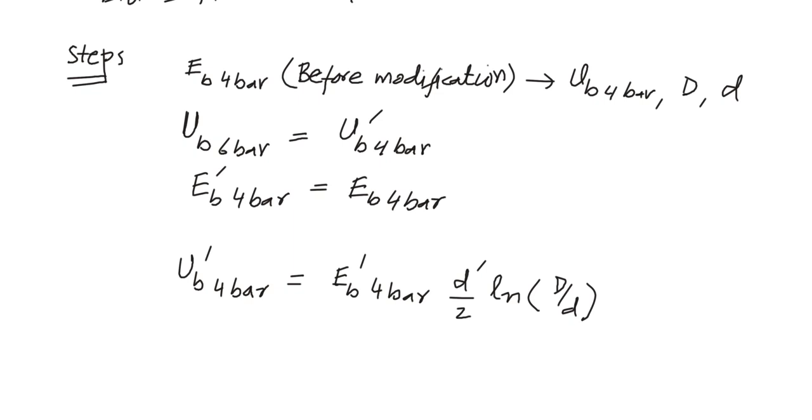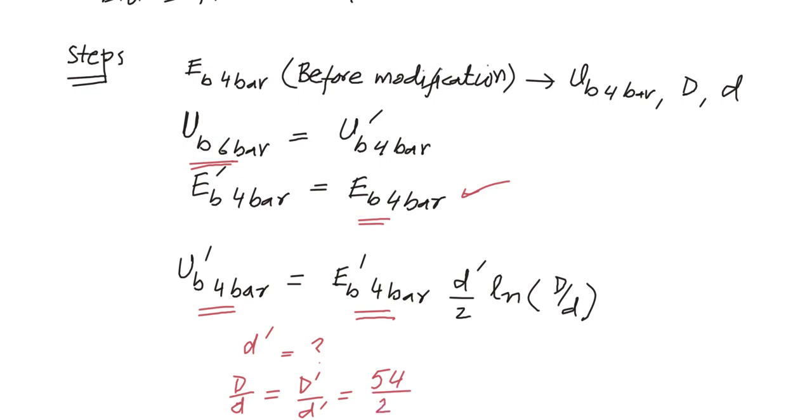This one equals the value we calculated before the modification, and this one equals the value we determined from the graph, and that gave us d bar. Then from the ratio, D over d equals D bar over d bar, which is 54 by 20, that gave us capital D bar.